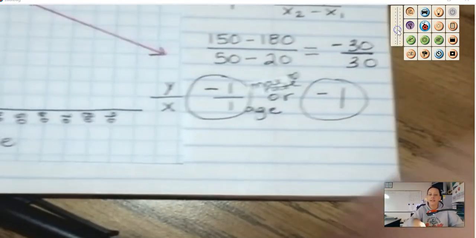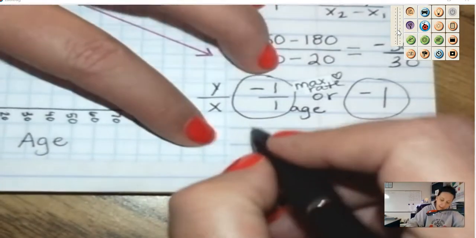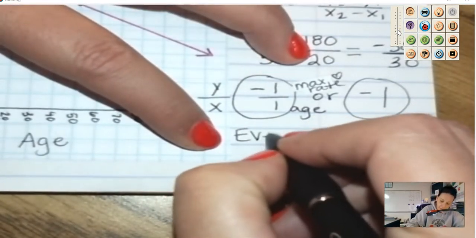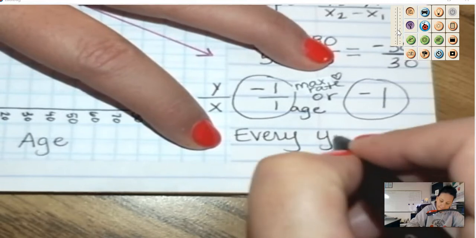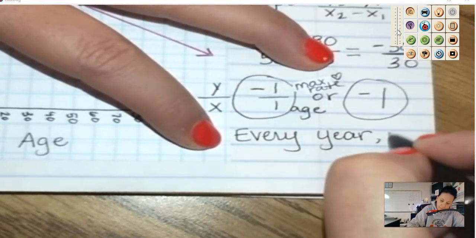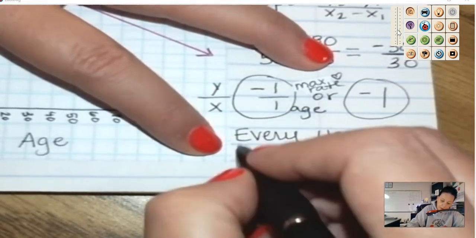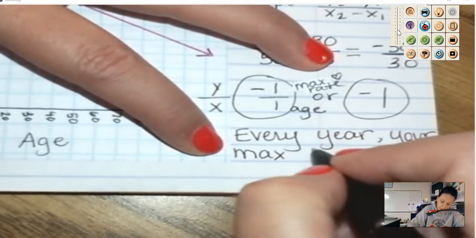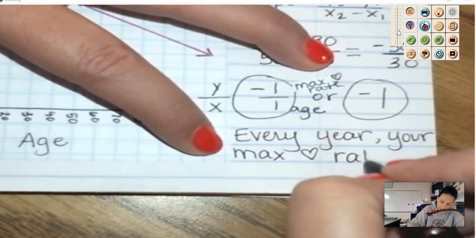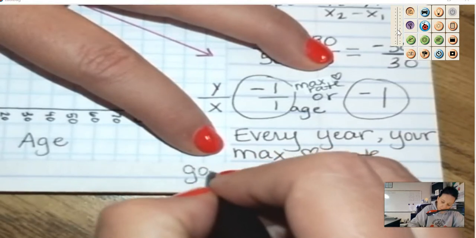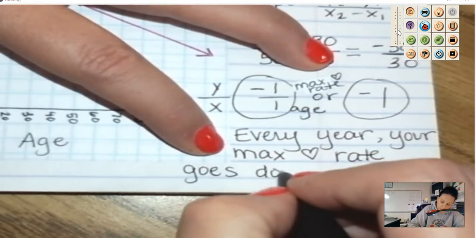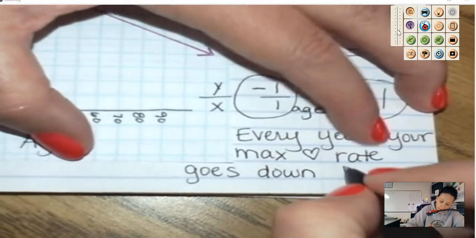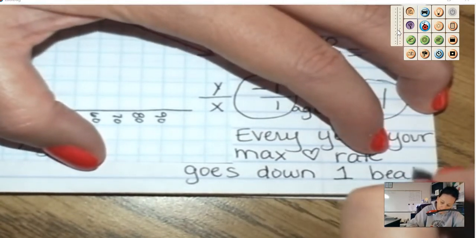Your sentence doesn't need to be exact, but something like every year your max heart rate goes down 1 beat per minute.